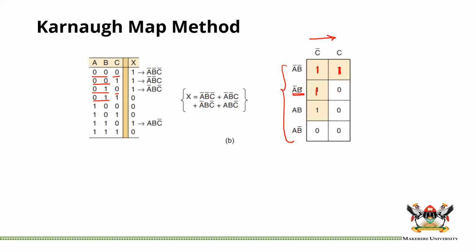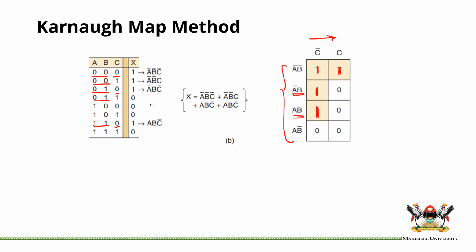Now you have a 0. In fact, you can first fill in all the 1s and the rest will simply be 0s. AB is here, and then C inverse is here, that's a 1, and then we know that the rest are 0s. Once you have filled in all the ones, then the rest can be zeros.